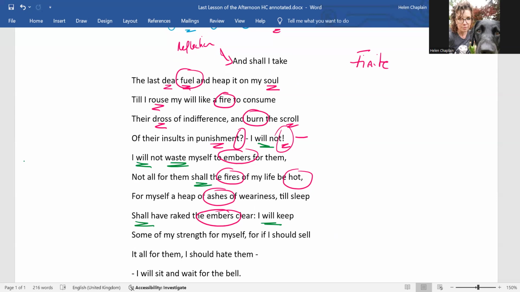We think embers are those burnt out bits of fire at the end. And again, this repetition of them, not for them. So he's moving away from the anonymous them, this collective drain on his energy, to this emphatic I all the time, myself. I will do this, I will do this.